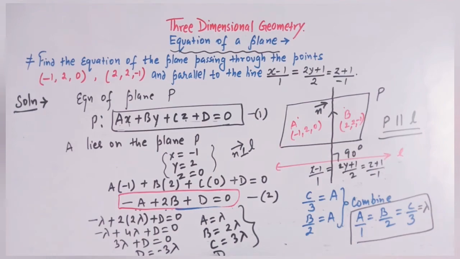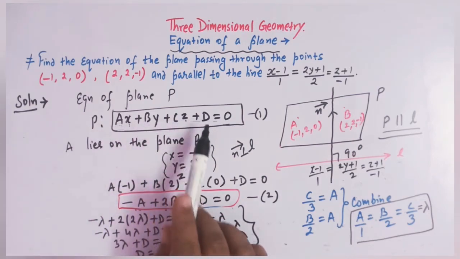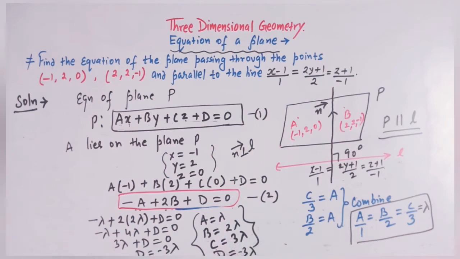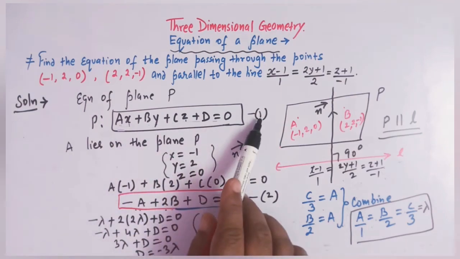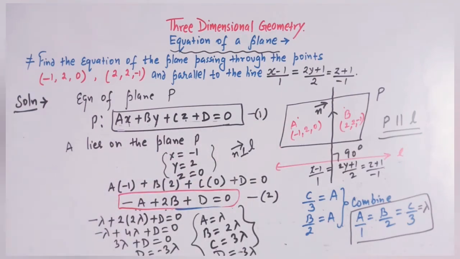So here we can add the value of d as minus 3 lambda, right? So viewers, here we have obtained the values of a, b, c and d in terms of lambda. And now we can easily substitute these values in equation number 1 to get the desired equation of the plane.